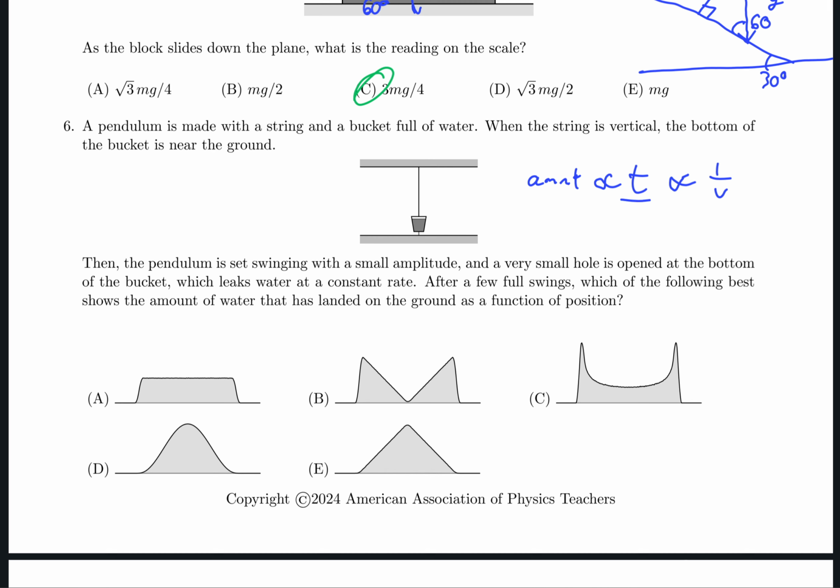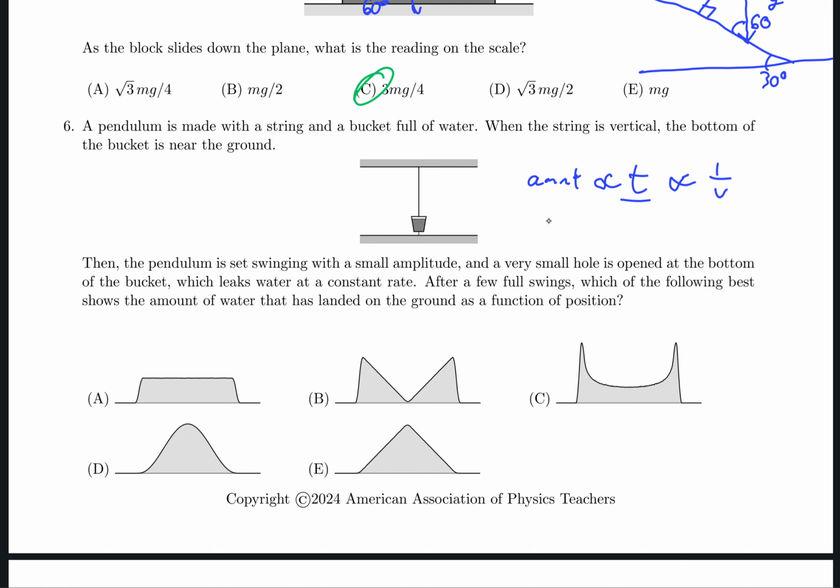We're just looking at time spent per unit, so it's proportional to 1 over v. You might point out that it's technically the velocity parallel to the ground, because we don't care about the velocity perpendicular to the ground, and that's true.